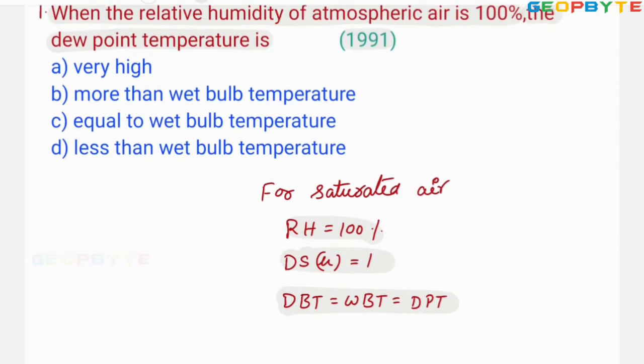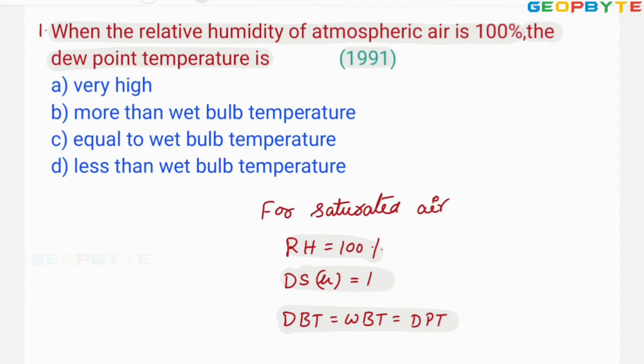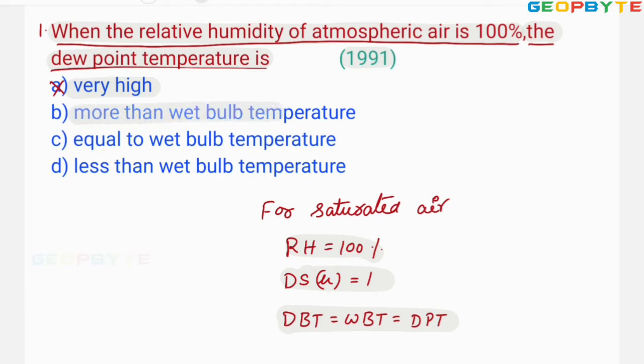Look at the answers. Once again, let me read the problem. When the relative humidity of the atmospheric air is 100%, it means air is saturated. The dew point temperature, option A, is very high, no. Option B, more than wet bulb temperature, no. Option C, equal to wet bulb temperature, absolutely correct.